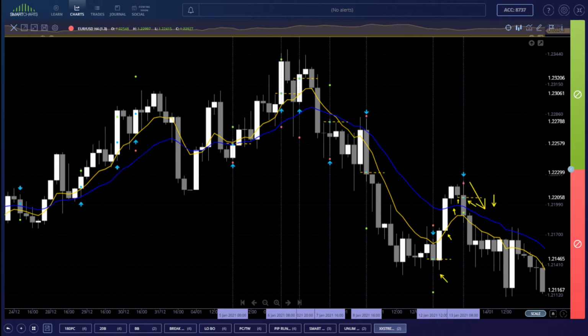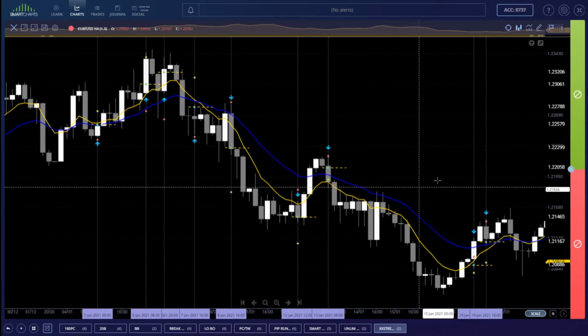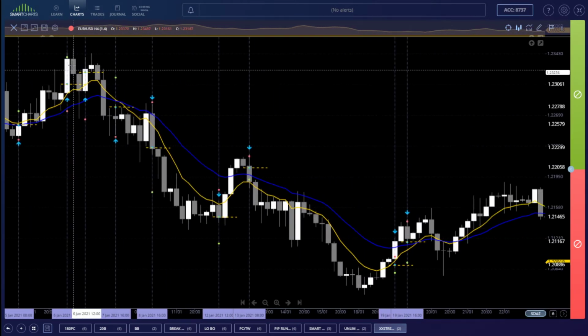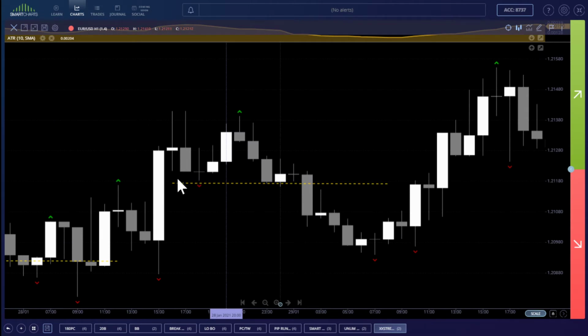So what I've done is I've done it for every single signal for January. Now I'm going to go to the 1-hour chart, which is next door. You can see that this is automatically synced, and I've got the vertical lines.